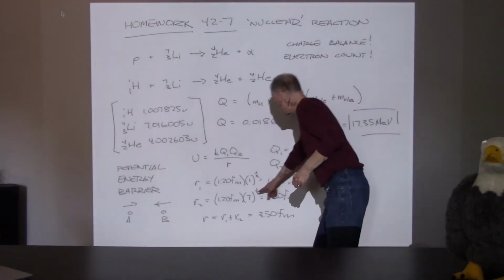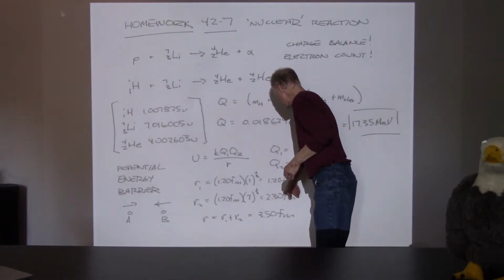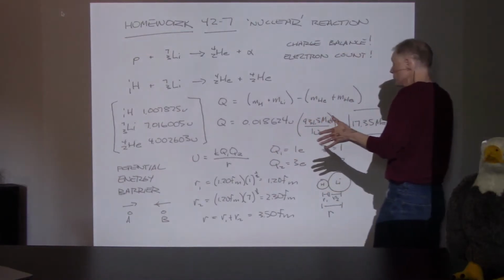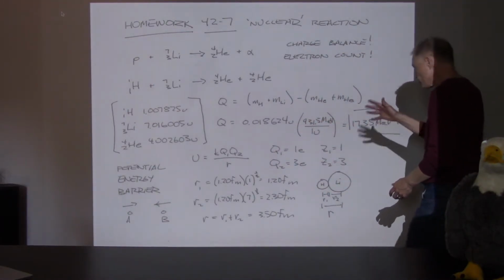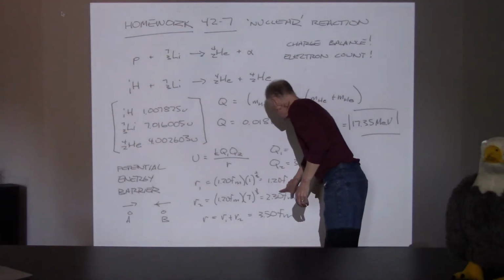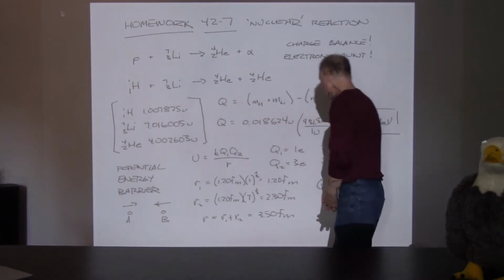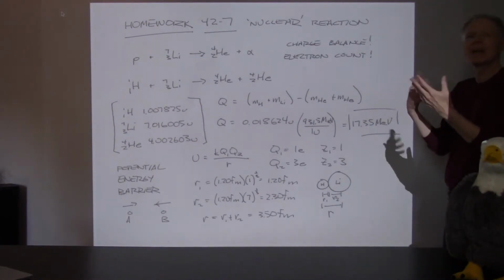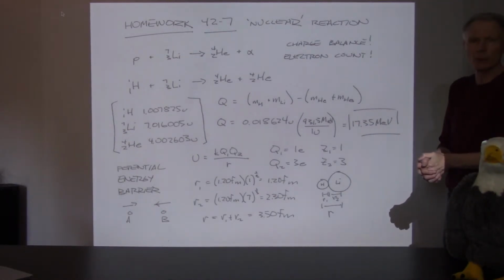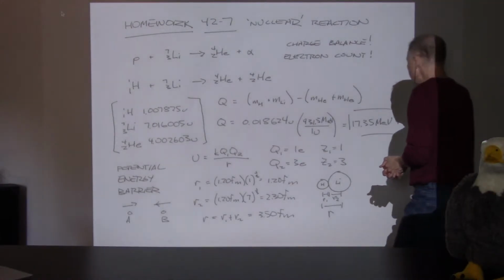So we put the 7 in there, and that gives us a radius of 2.30 femtometers. So we can add those two together to get 3.5 femtometers, that's how close they have to come. Again, measuring center to center for the two nuclei.